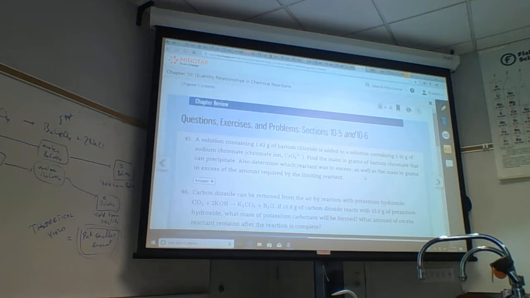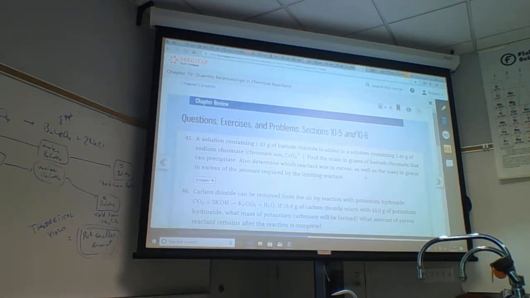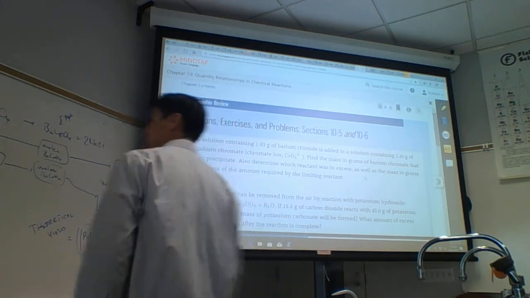And so one, we're going to get the yield from barium chloride. Here we have 1.63 grams. We start off with 1.63 grams of barium chloride, and then we need to convert that into moles. So we've got to figure out the molar mass. Barium has a molar mass of 137.33.